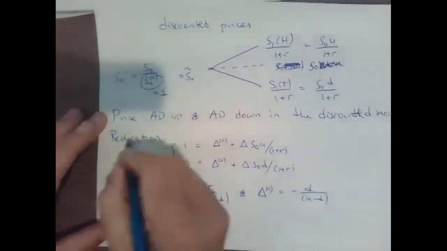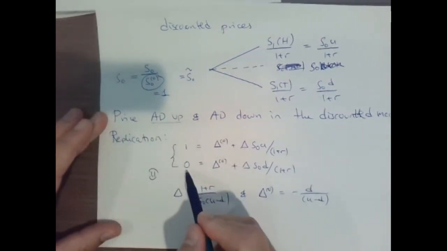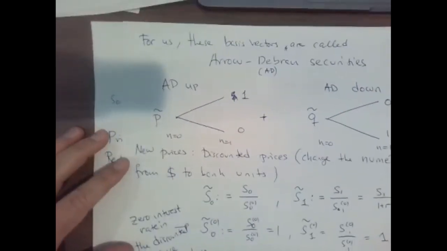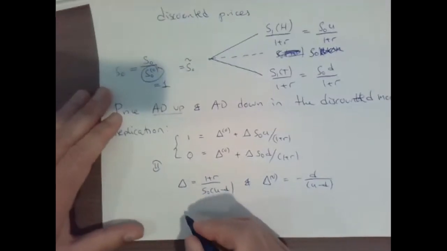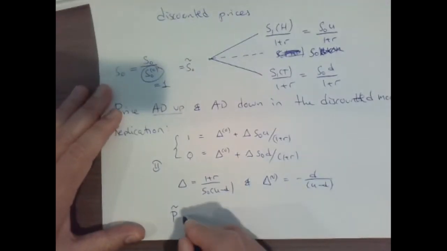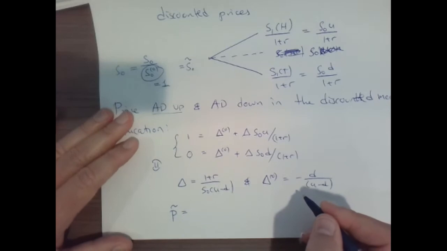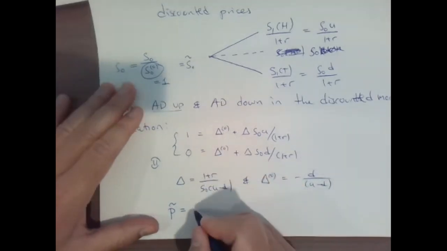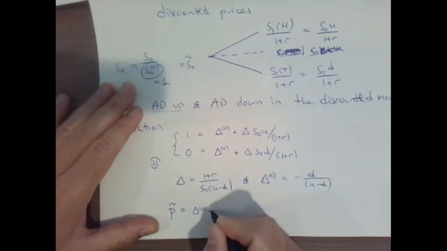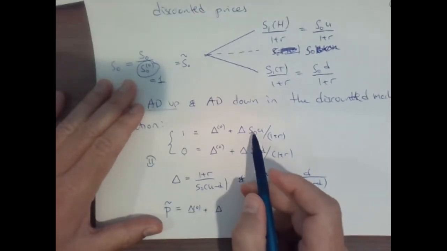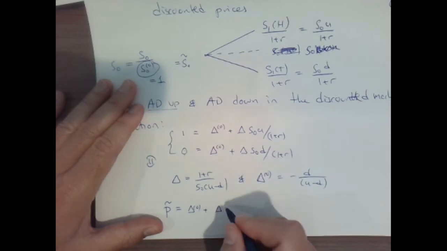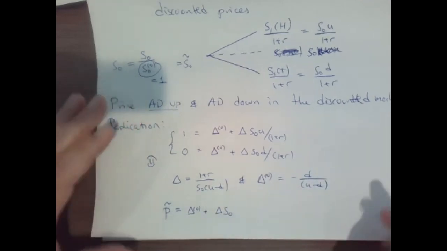So this was the Arrow-Debreu up we're dealing with because it's 1 and 0. So for the Arrow-Debreu up, the initial price is the one we called P tilde. We'll put P tilde out here on the left. So P tilde is going to be equal to however many units of the bank we had to buy times its price, which was 1, plus however many units of the stock we had to buy times the stock price.